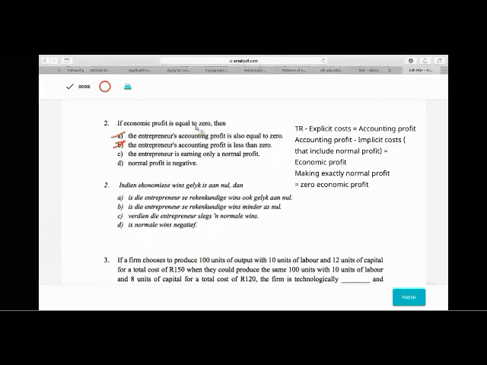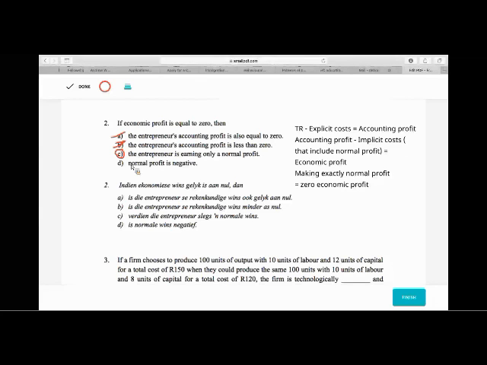If economic profit is equal to zero, then the entrepreneur is earning only a normal profit. So that is correct, okay? Because once you've taken away all your explicit and your implicit costs and your normal profit, and you end up with a value of zero, it means that your economic profit is normal.